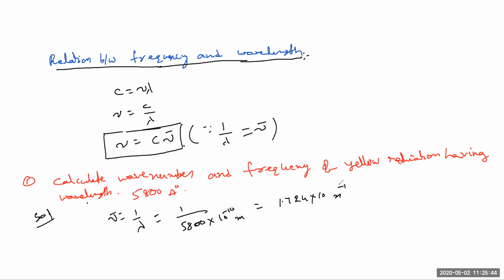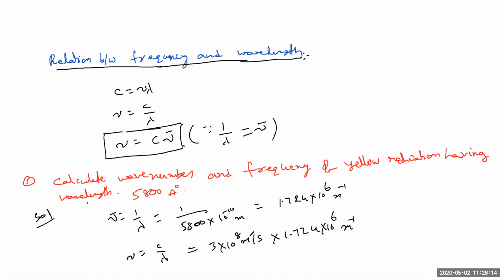And the frequency is 5.17 into 10 to the power 14. Yeah, the frequency is equal to c by lambda, which is c times nu bar. You know what the c value is? 3 into 10 power 8 meter per second, into 1.724 into 10 power 6 meter inverse.